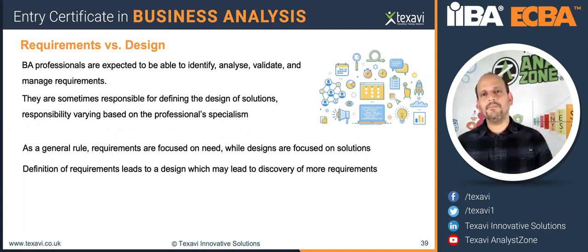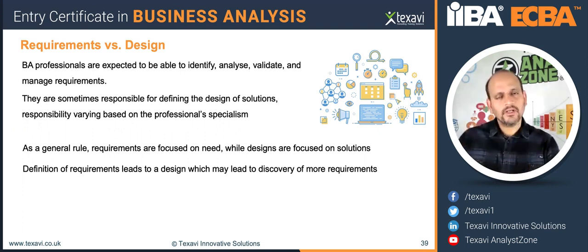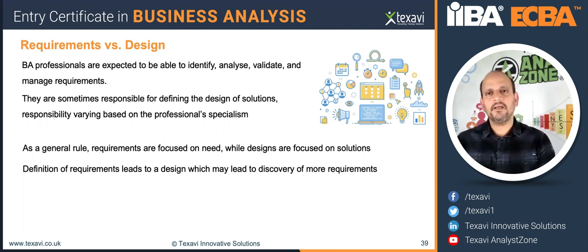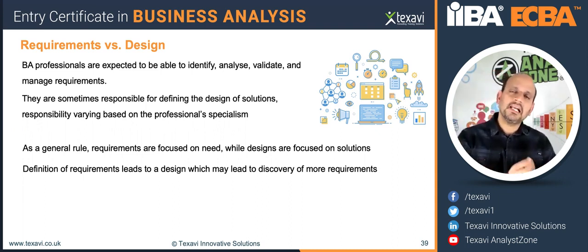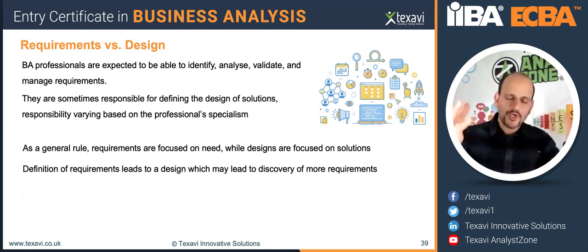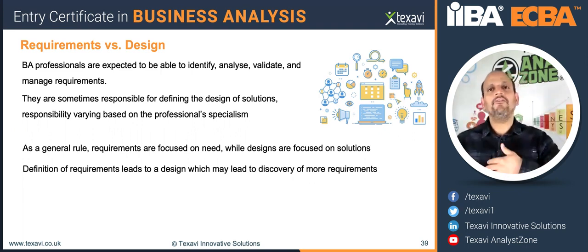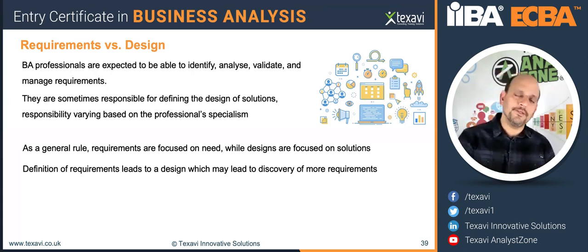Having defined the problems, the needs, the challenges, the opportunities, all of these, then the designers would be taking all of these artifacts that you have created as BA, all of these different aspects of the problem space, and they would then understand these and start creating the solution. They would start giving it a shape, a form, a kind of format, a kind of presentation. They would start creating the way it should look, the architecture of it, the way it should be deployed, the way it should behave in terms of functionality.